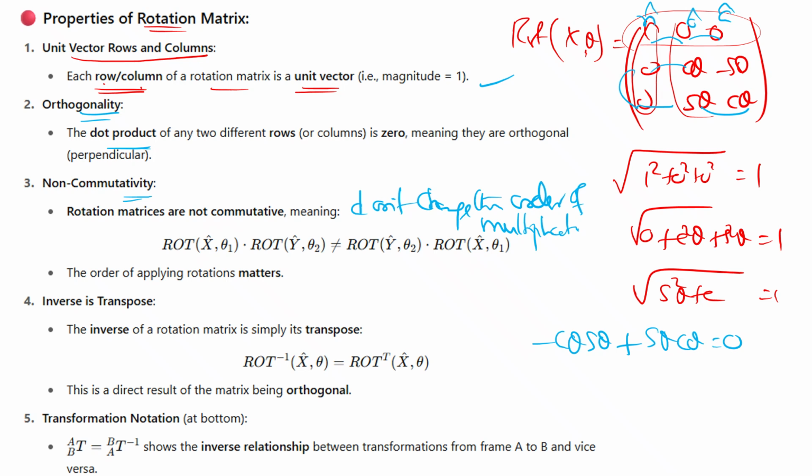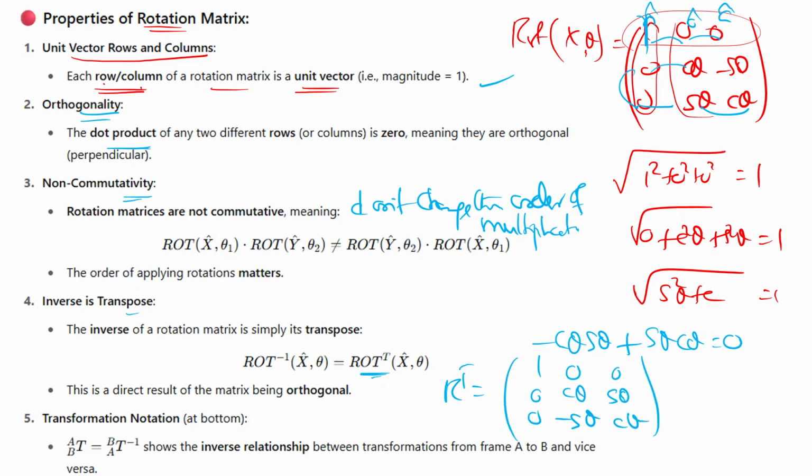Okay. Then inverse. If you want to take the inverse, you can just take the transpose of it. Let's check that. For example, this one is 1. If I take the transpose, what is the answer? 1, 0, 0, then 0, cos theta, minus sin theta, then 0, sin theta, cos theta. So this is the transpose.